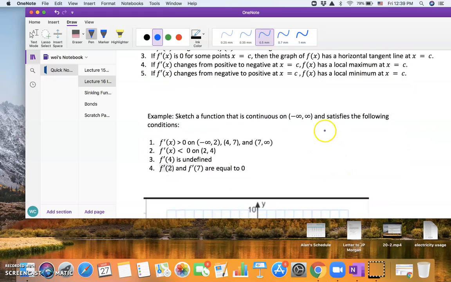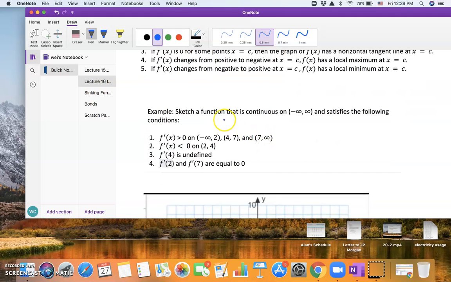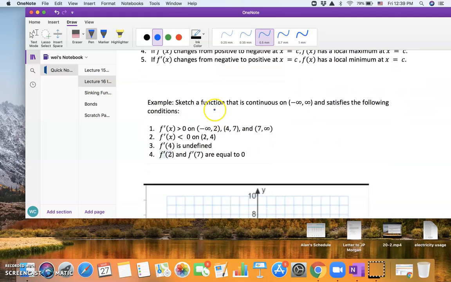Okay, let's practice this by using this example. This problem says we want to sketch a function that is continuous on the interval from negative infinity to positive infinity, and the function satisfies the following conditions.